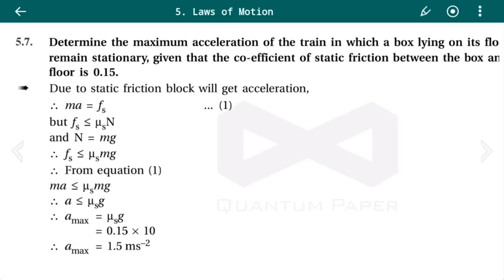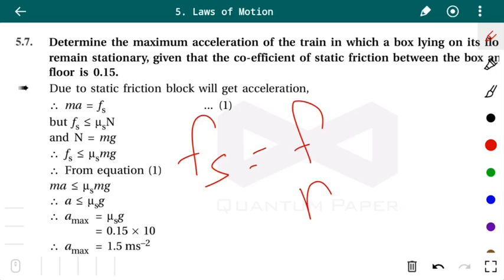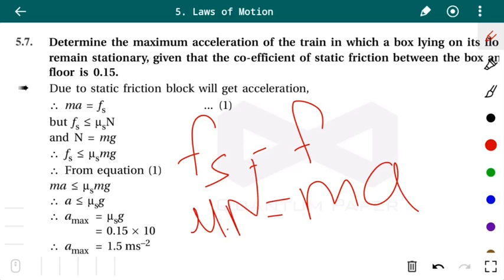So the equation is: static friction Fs equals to F, and here F equals to ma and Fs equals to mu s N, where N is nothing but mg. Why is N equal to mg?